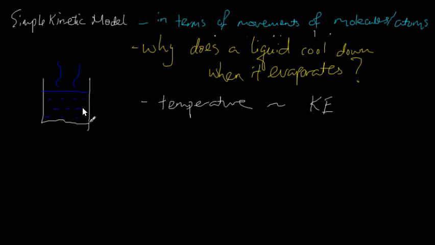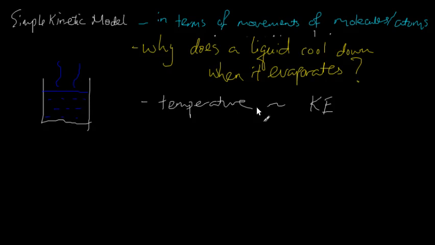And we've extended this idea to liquids and solids as well. The higher the temperature, the higher the kinetic energy, so that the molecules move faster. And then of course there is potential energy involved because of attraction between molecules. But what happens in an evaporation?